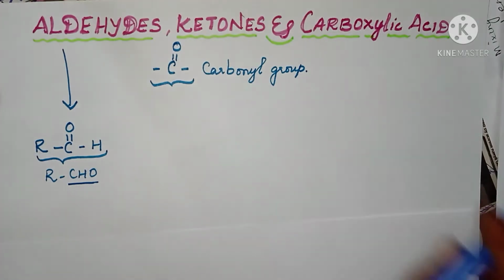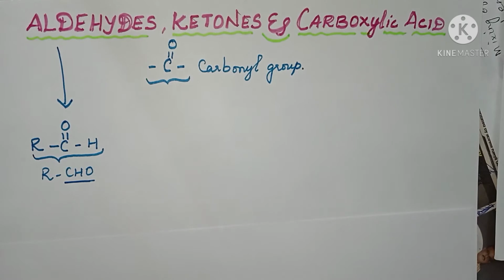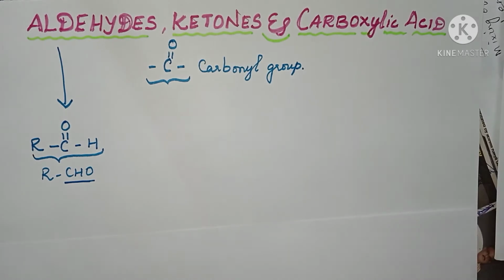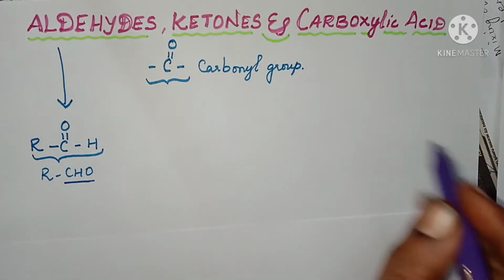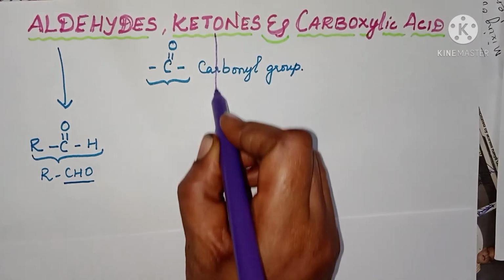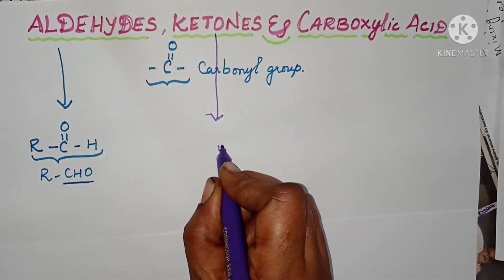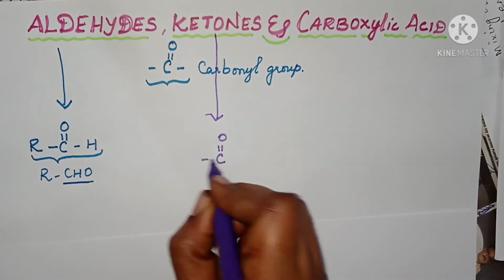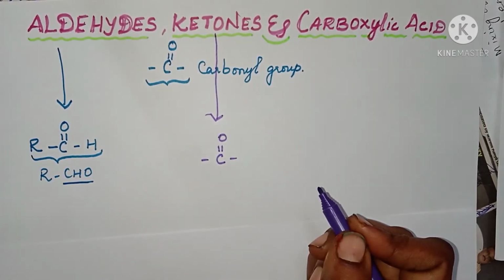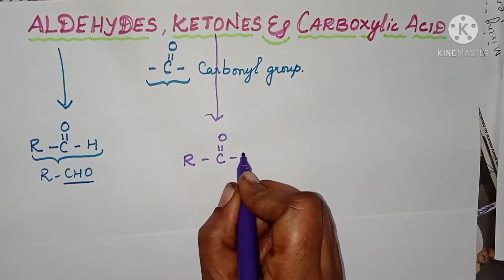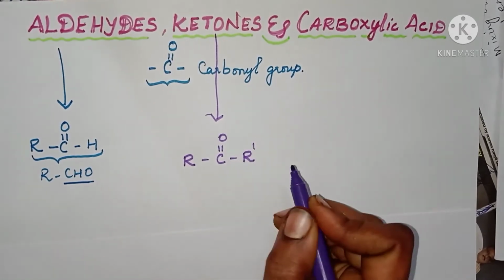Next one, ketone. What is the formula? Anyway, you know very well the backbone of all these three things is the carbonyl group. The same way, C double bond O, and this side and this side, 4 valency, right? So, this side alkyl and this side alkyl or aryl.